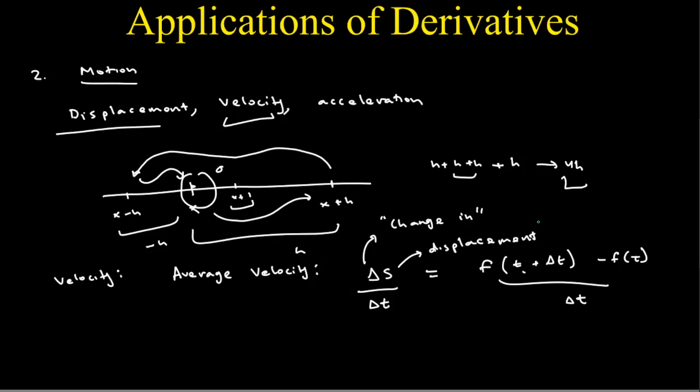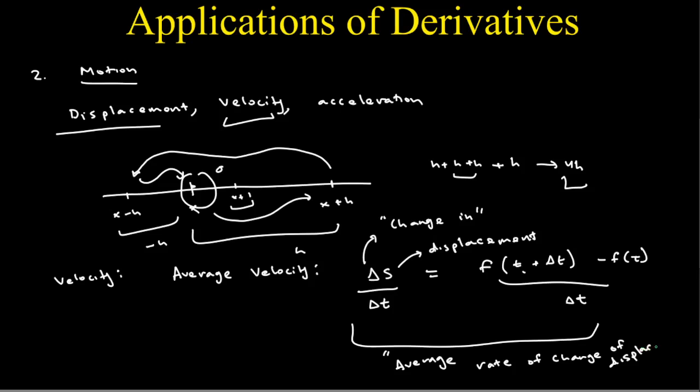Notice how this is the average rate of change. The way average velocity is defined is the average rate of change of displacement. We can get that notion from just how physics works.